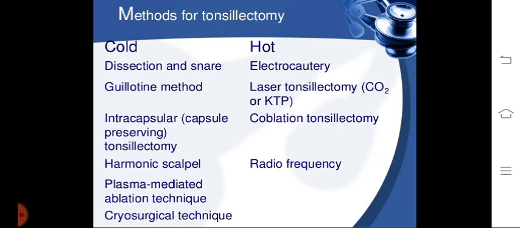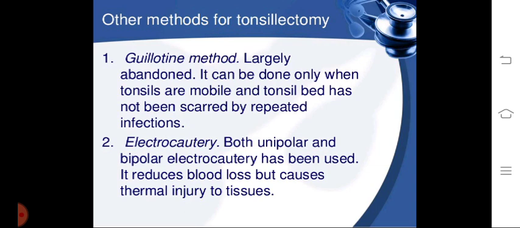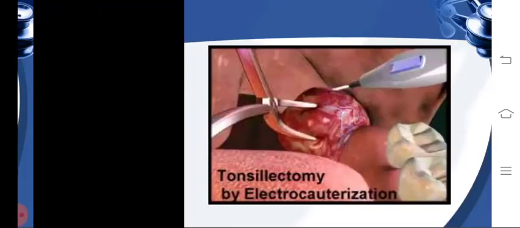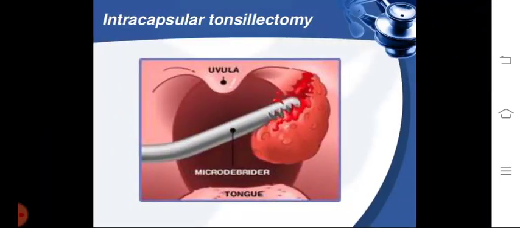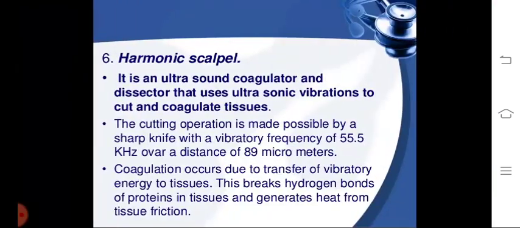Also hot methods: electrocautery by bipolar, laser tonsillectomy, coblation tonsillectomy, radiofrequency, among which coblation tonsillectomy is most preferred nowadays. Other methods of tonsillectomy we have already discussed: guillotine, electrocautery, laser, and intracapsular tonsillectomy. Microdebrider is also used.